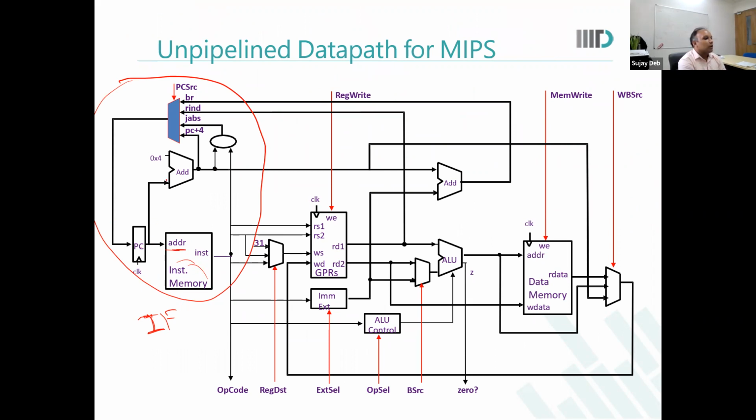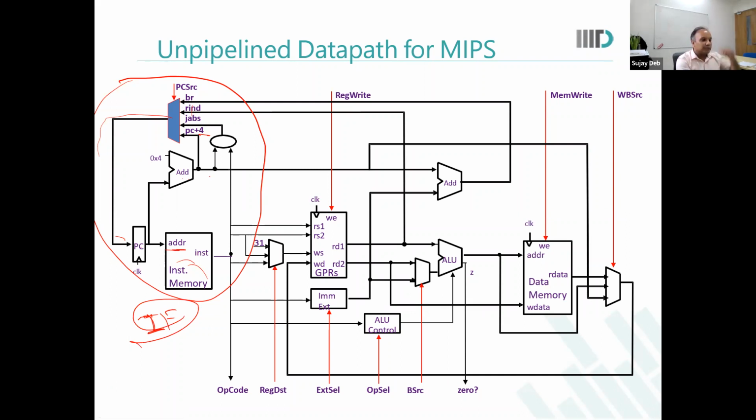Then this program counter is incremented by 4, or if there is a branch instruction, then the program counter needs to be updated separately. These are the different possibilities by which the program counter can update. These are further details which we can ignore for now. Depending on whether the program counter has to be incremented by 4 or a branch instruction decides the program counter value, you will update your PC accordingly. So this is your instruction fetch stage.